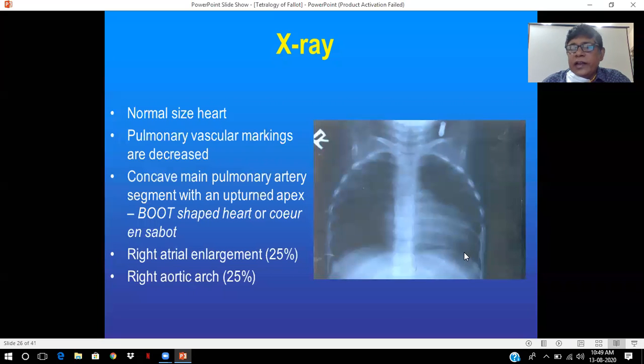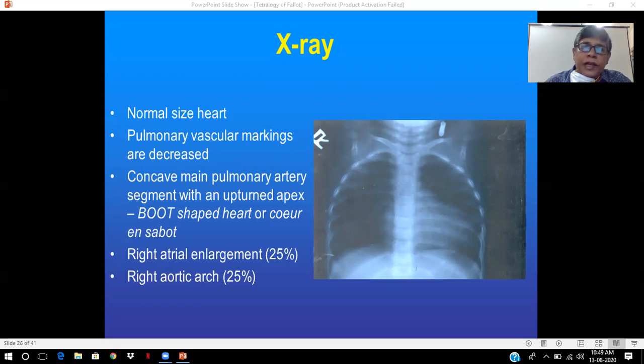Whenever there is right ventricular hypertrophy, you find that the apex is lifted. And when there is left ventricular hypertrophy, it will be cutting sharply against the diaphragm.